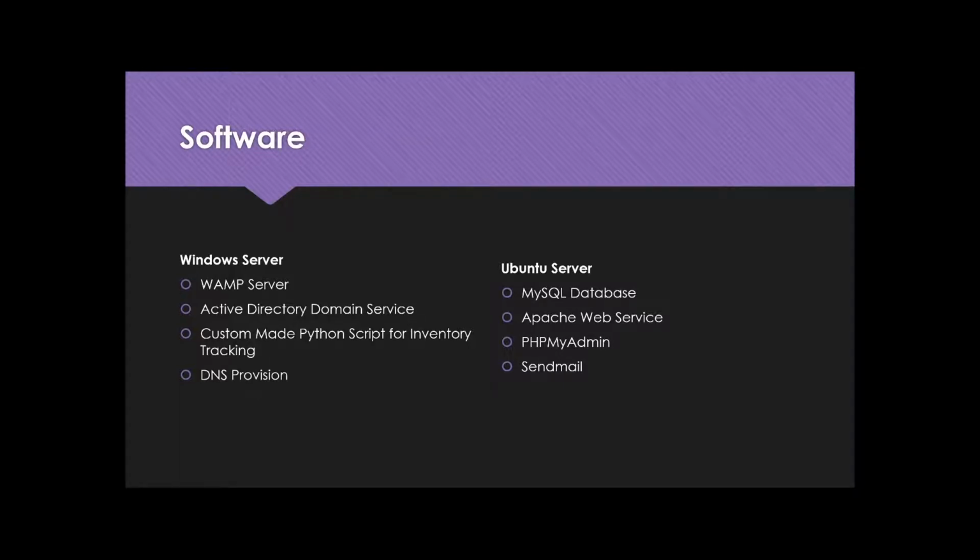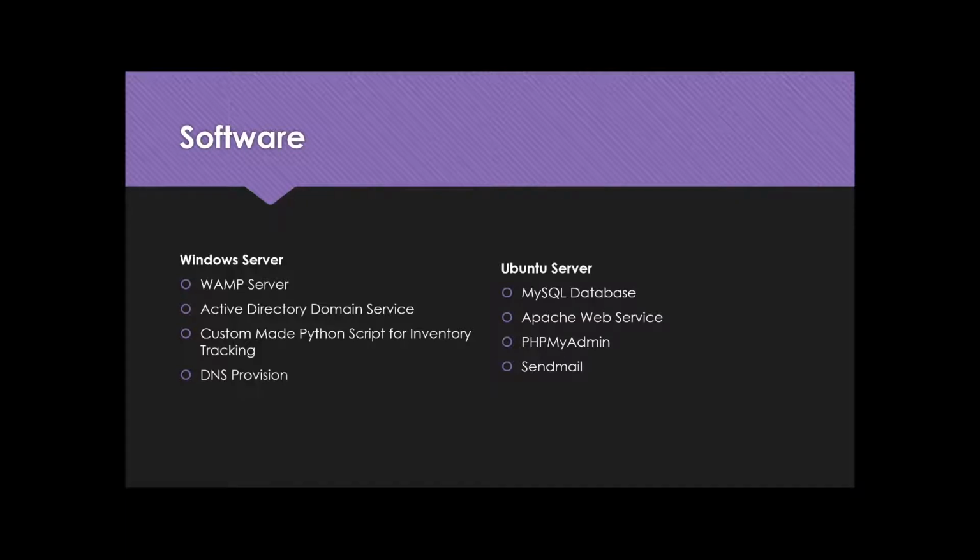One was used initially for raw ingredients, and the second one is used to showcase final products and an email system that would automatically send an email to the product manager when a certain item hit a certain threshold. And finally, DNS provision, so all DNS information was coming from the Windows Server itself.